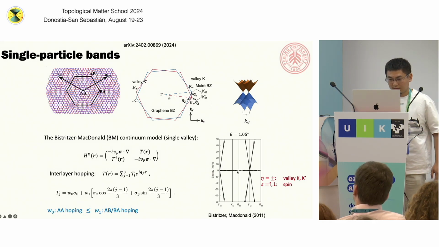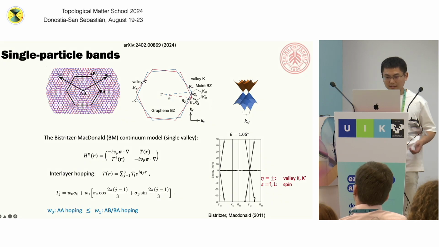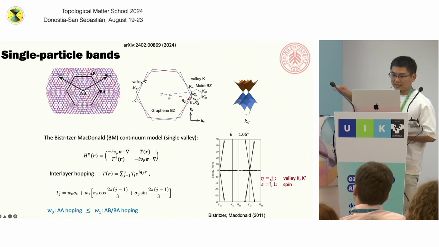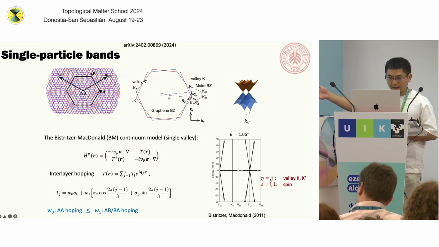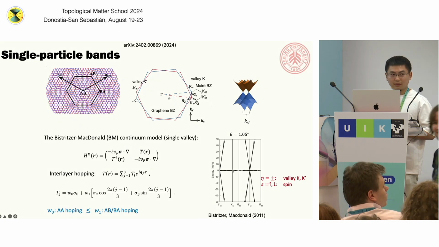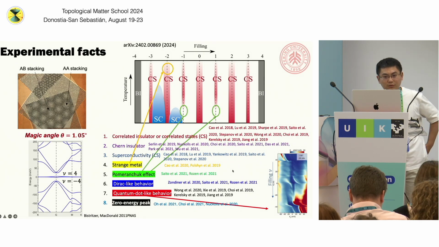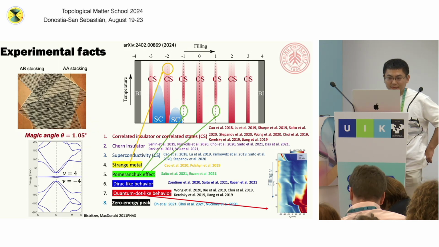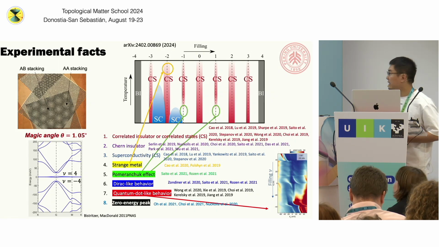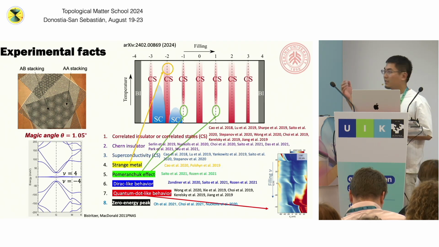In 2011, it was predicted that there should exist a magic angle where flat bands emerge. And in 2018, this sample was realized in experiment, and many interesting phenomena were observed.